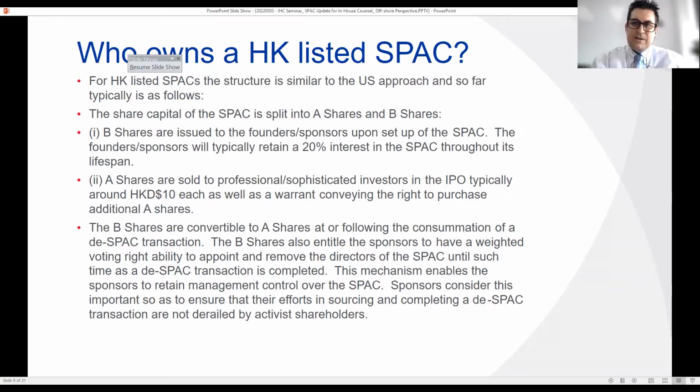For Hong Kong SPACs, the B shareholders or the sponsors also have a weighted voting right to effectively appoint and remove directors of the Hong Kong SPAC until such time as that SPAC completes a de-SPAC transaction. For the same reason as the holders of the B shares for a US SPAC have the ability to appoint and remove directors to maintain that control of the board until a de-SPAC occurs and to ensure that they are not removed.